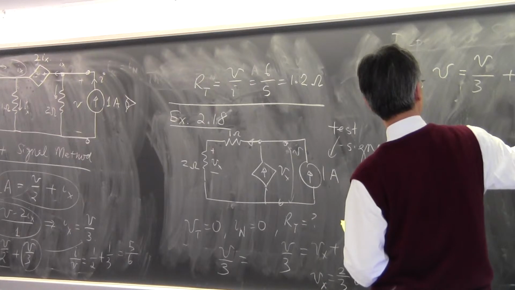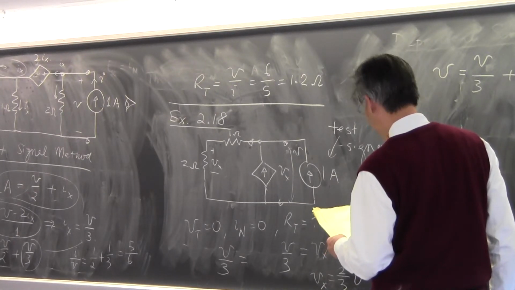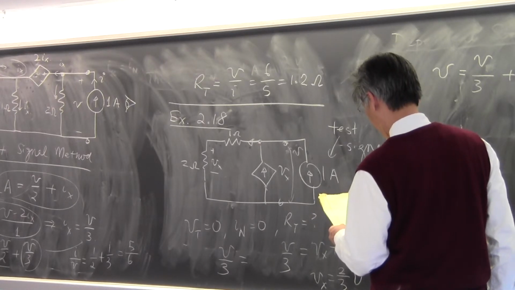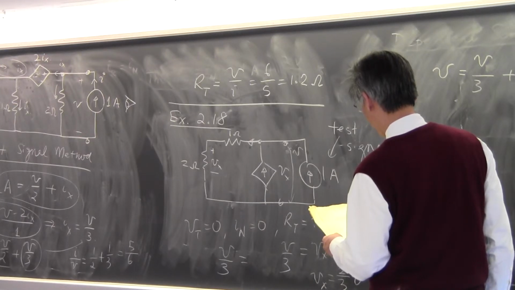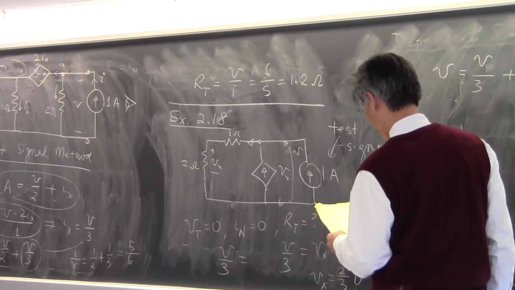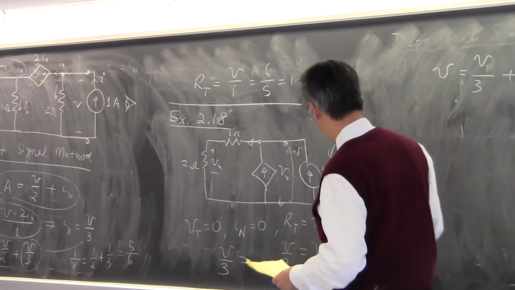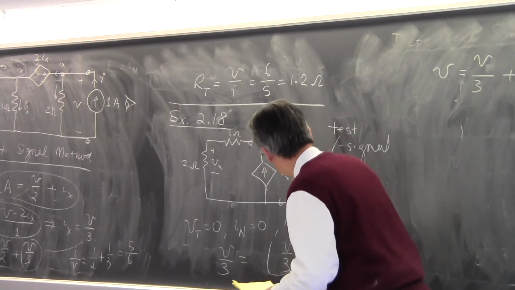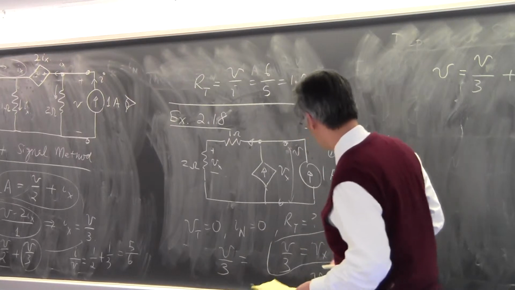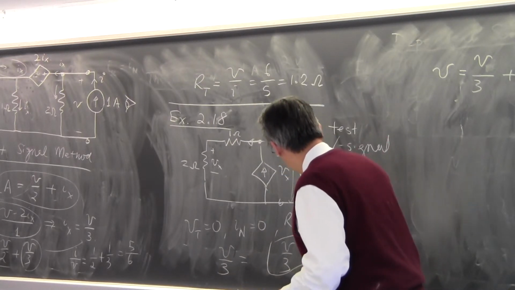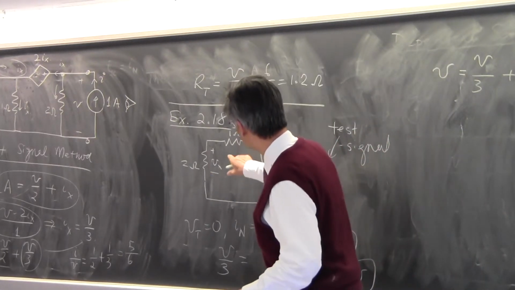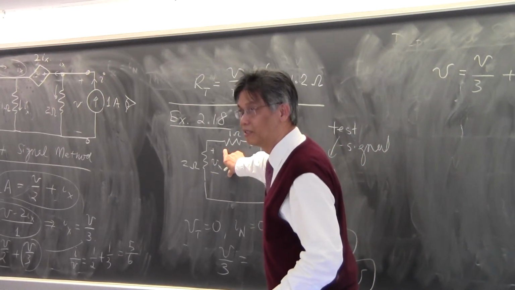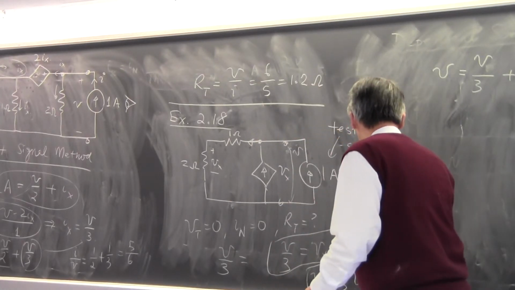Did I get the same equation or not? No. I'm sorry about this. This equation is applying KCL at that node. This equation is just applying a voltage divider. Vx is just 2/3 of V by a voltage divider formula. So this is from the voltage divider.